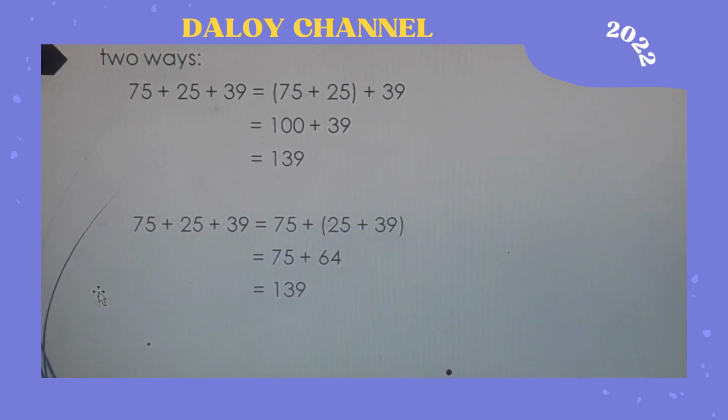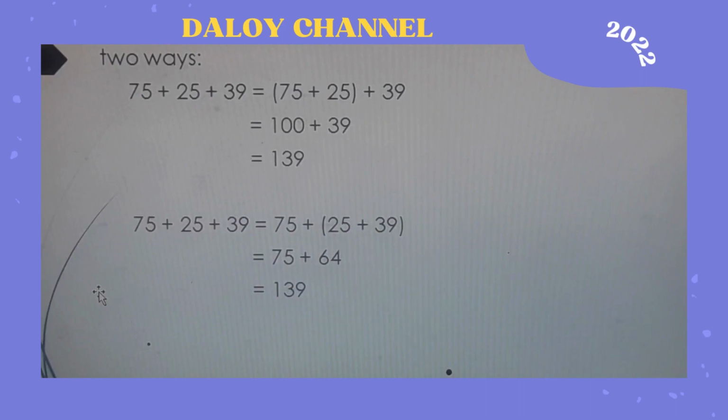So if you want to work out 75 plus 25 plus 39, we can do it in 2 ways. It can be adding first 75 plus 25, and after that add 39.